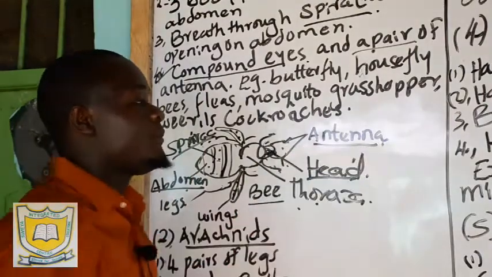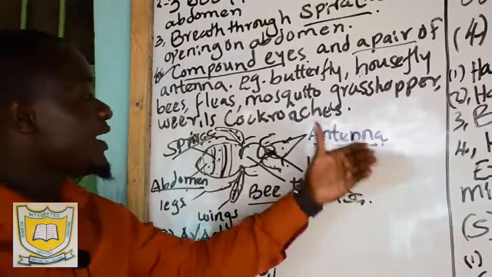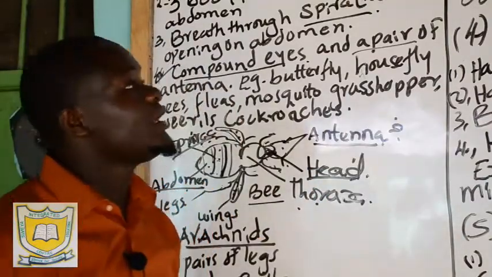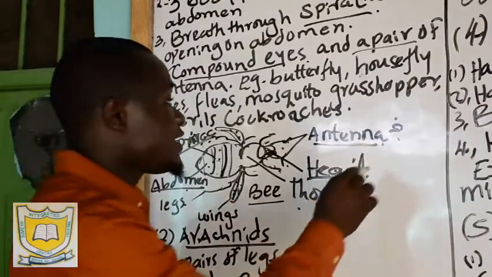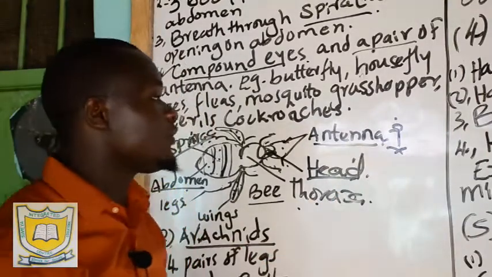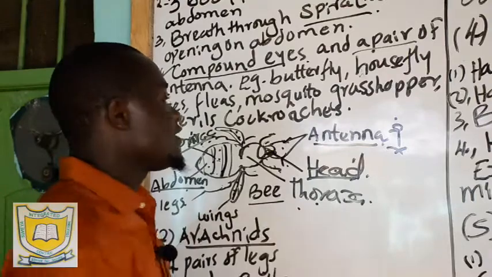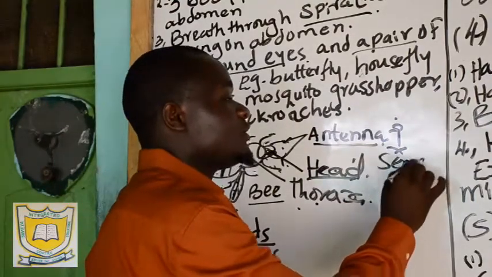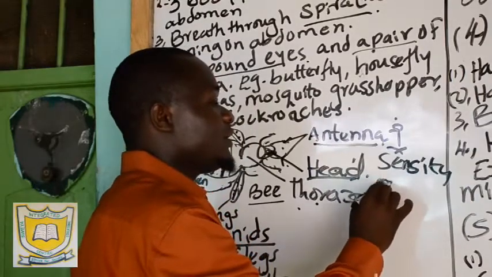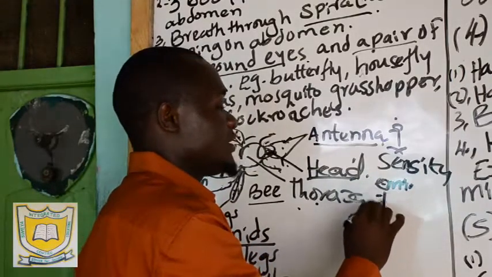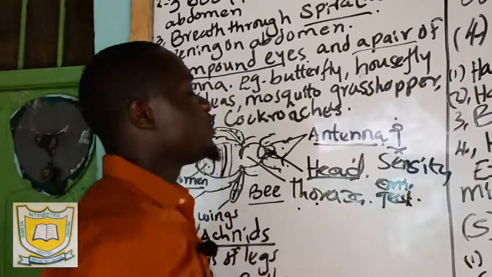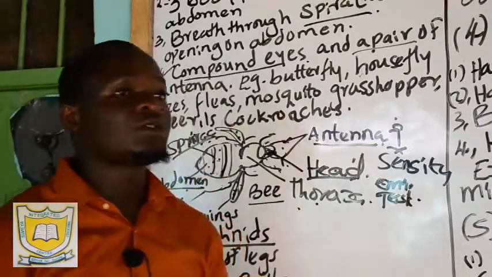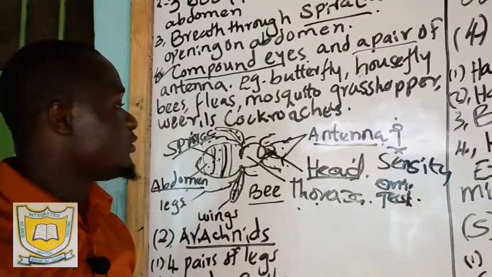You may be asked the function of the antenna in insects. The antenna is used for sensitivity: it senses an enemy, or it can be used to sense the presence of food.